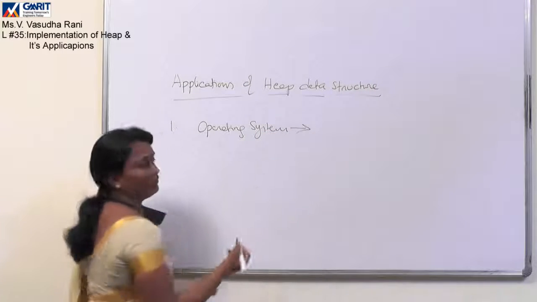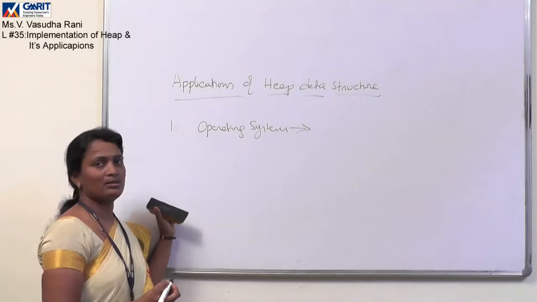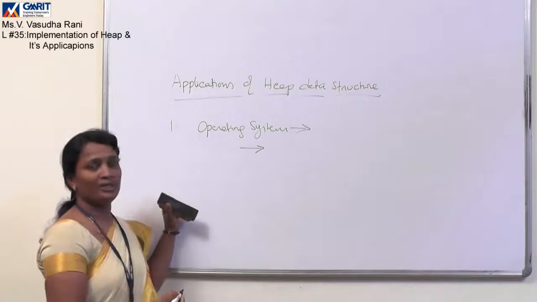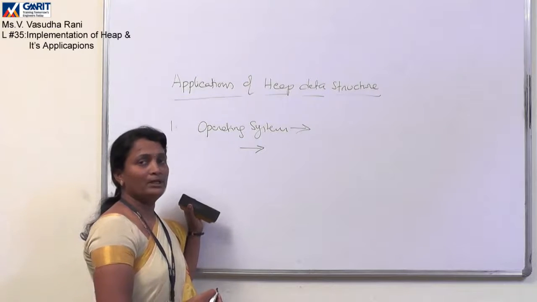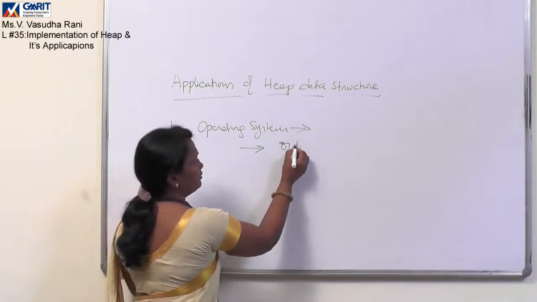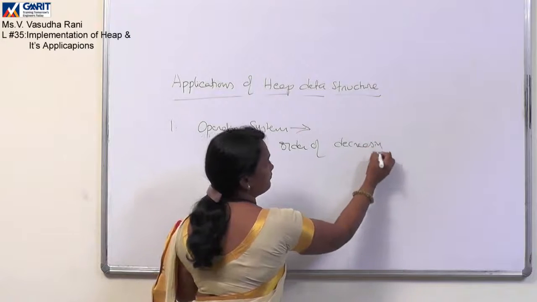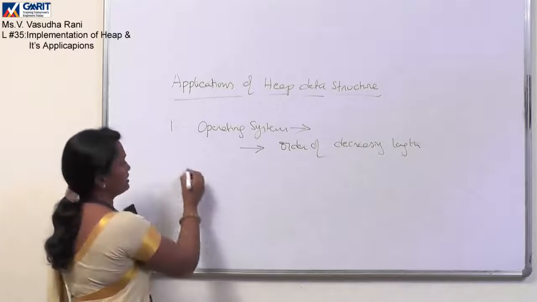Operating systems, while they are processing jobs, if you want to process the jobs in the order of their burst times or in the order of their decreasing length, then we have to definitely go for heap data structure.